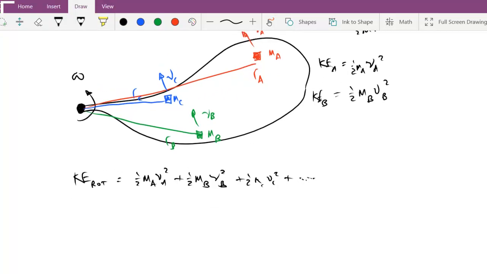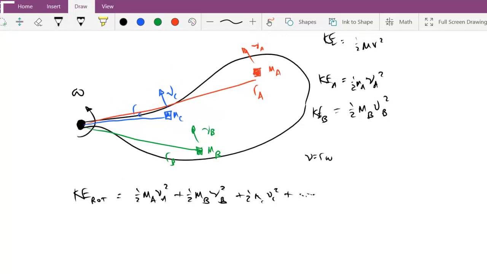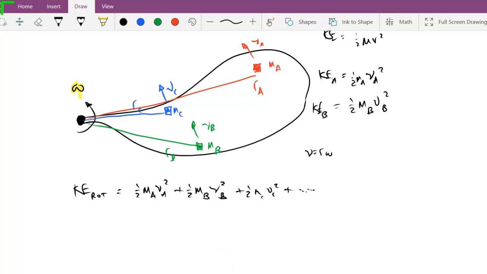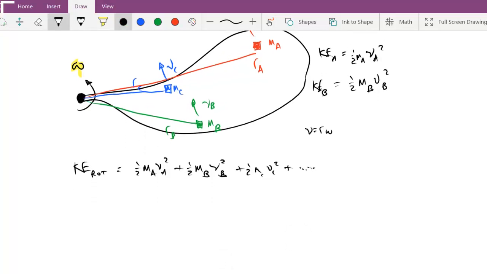Of course, then we know that the linear speed or tangential speed was equal to the radius times the angular speed, right? And if this is a rigid body, all of these have the same angular speed, omega. So I can replace this here. They have different radii, but they have the same angular velocity. So our rotational kinetic energy is equal to 1/2 mass of A times RA omega squared, right?